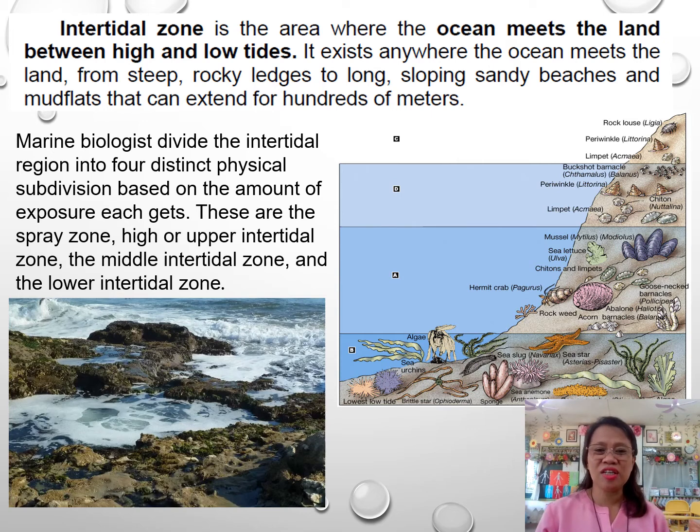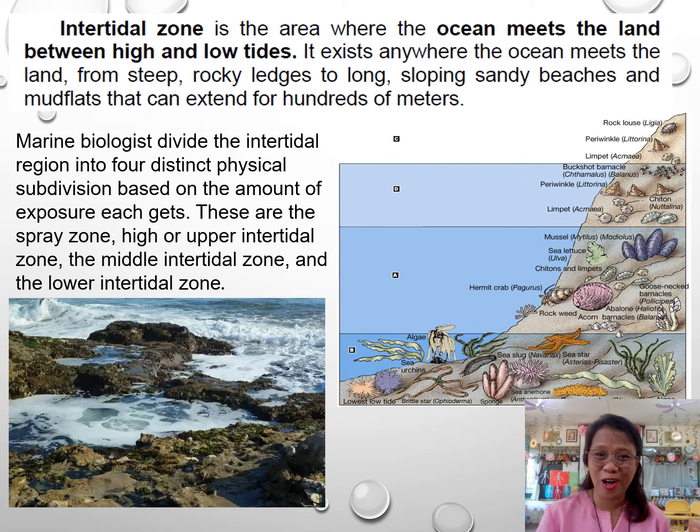Marine biologists divide the intertidal region in 4 distinct physical subdivisions based on the amount of exposure each gets. These are the spray zone, the high or upper intertidal zone, the middle intertidal zone, and the lower intertidal zone.